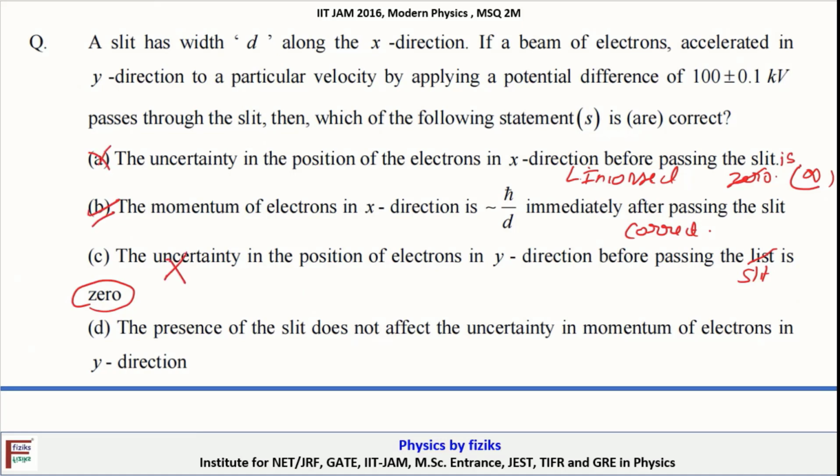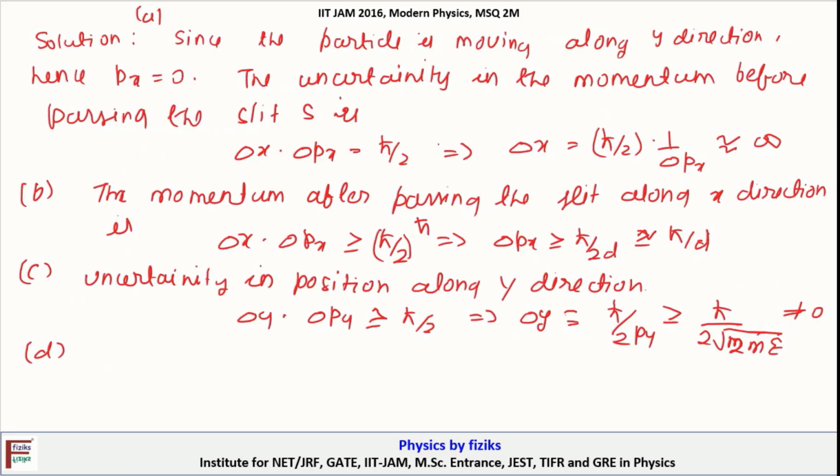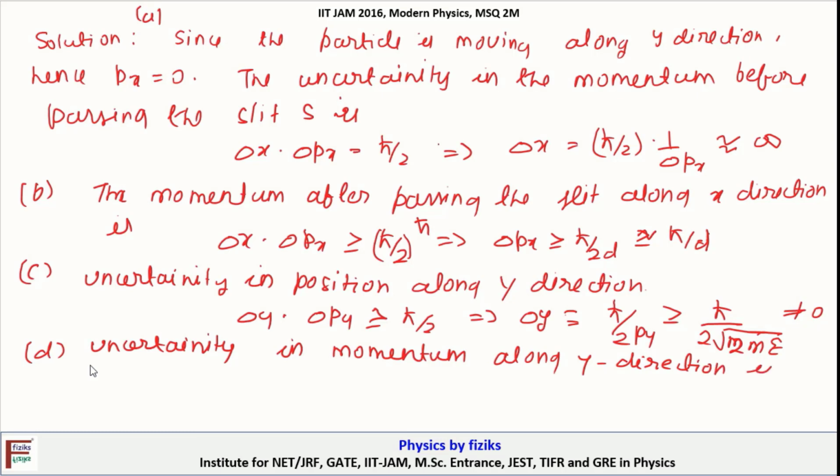The presence of slit does not affect the uncertainty of momentum in y direction. Uncertainty in momentum along y direction is given by del py is equal to root over 2me, and this is independent of position.